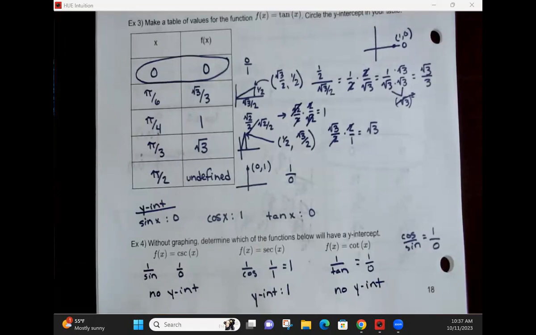So tangent is sine over cosine. Sine is the y coordinate. Cosine is the x coordinate. Cosecant is the reciprocal of sine. Secant is the reciprocal of cosine. So if I know a sine value, the reciprocal would be my cosecant value, okay? All those relationships that we've practiced so far, that we've learned already, we are just practicing again in a little bit different context here, okay?